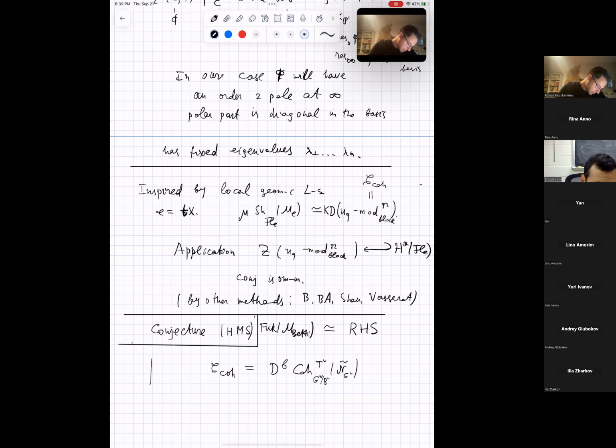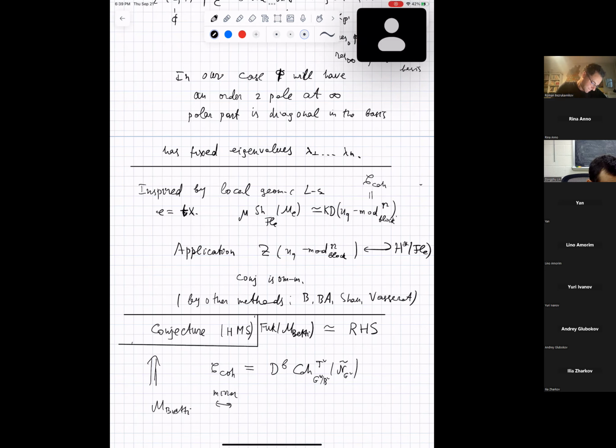basically the manifestation of this idea that I had that M Betti is mirror dual. In a way, maybe it can be interpreted as some sort of mirror duality between Betti spaces on the two sides.